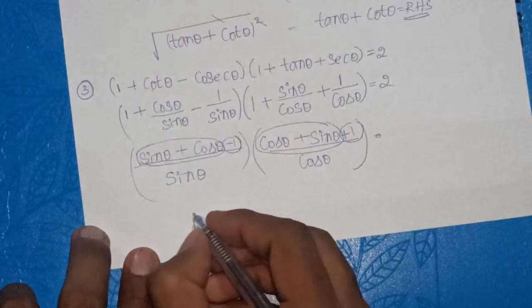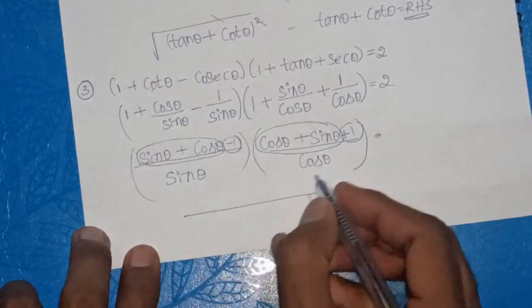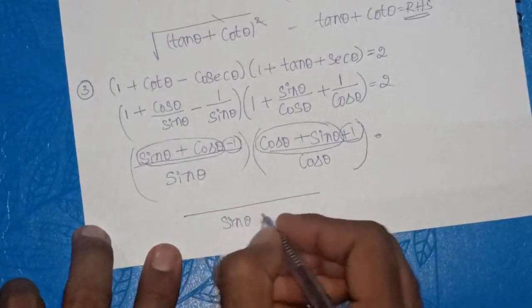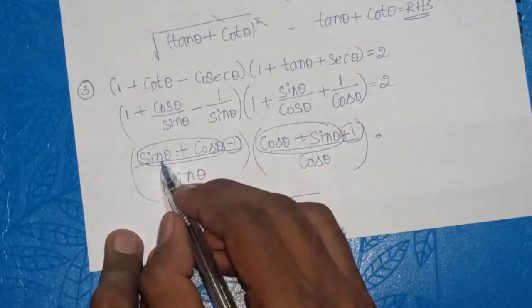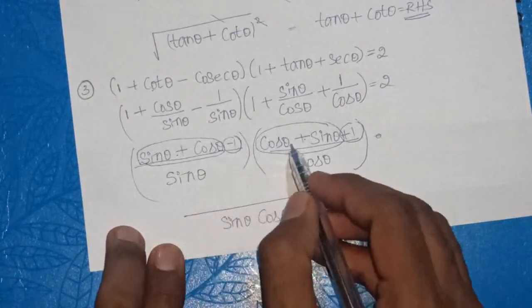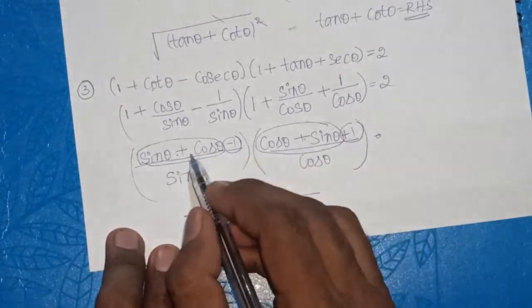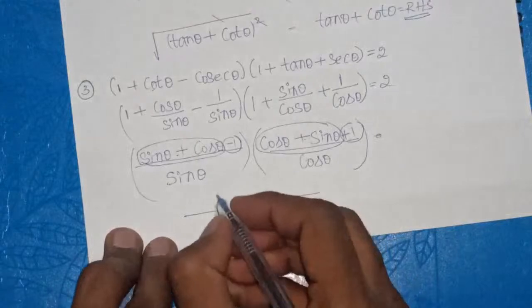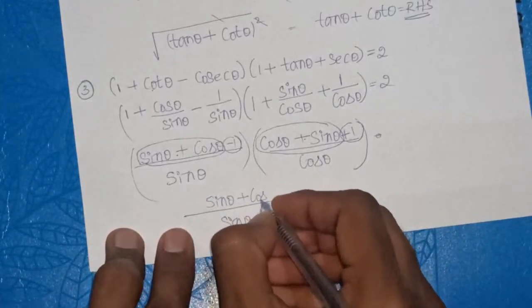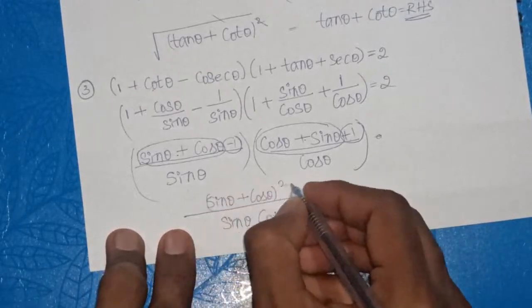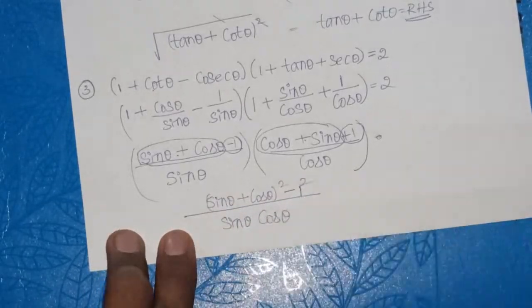By taking this, whenever we multiply, sin into cos will become sin theta into cos theta. In the numerator, we can see that sin theta plus cos theta minus 1, sin theta plus cos theta plus 1. It is in the form of a plus b and a minus b. So that we can write it as sin theta plus cos theta whole square minus 1 square.